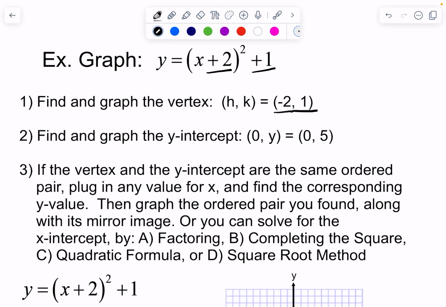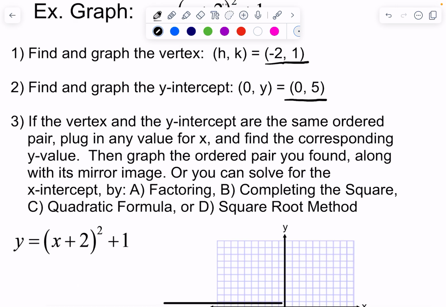Next, find and graph my y-intercept. Go ahead and plug 0 in for x and find your y-intercept. 0 plus 2 is 2, 2 squared is 4, plus 1 is 5. 0, 5 is my y-intercept. And then, please pay special attention to this. If the vertex and the y-intercept are the same ordered pair, plug in any value for x and find the corresponding y value.